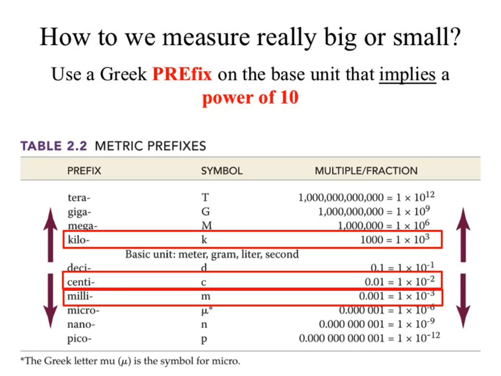Deci does show up, micro does show up, nano does show up. I don't think I've ever seen mega or giga in chemistry. Well, technically megabyte, gigabyte, terabyte, but in chemistry, we don't deal with that. The deci, micro, nano, and pico do occasionally show up, but typically as a way of kind of sticking it to students. Ah, you didn't memorize that one.